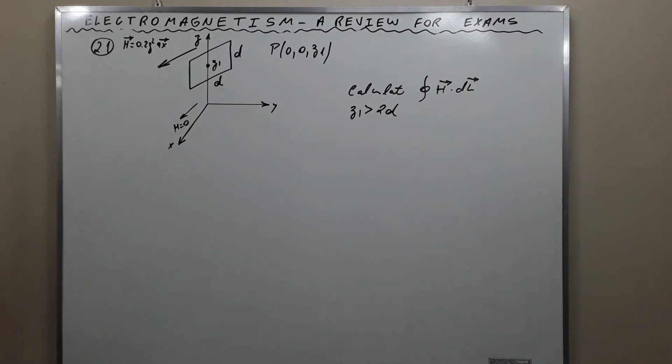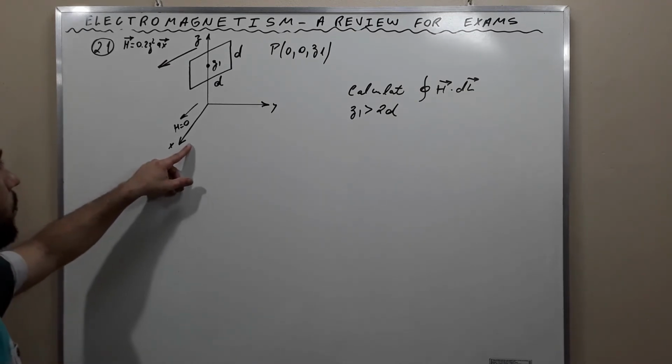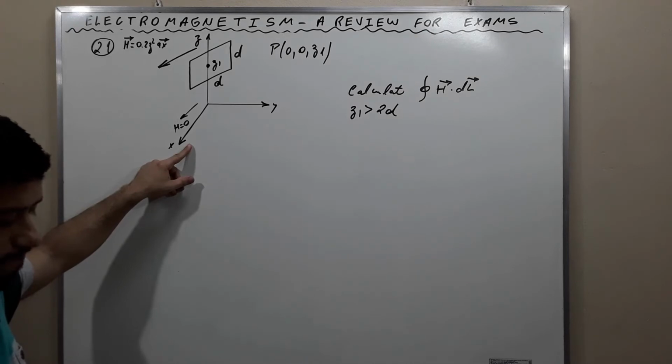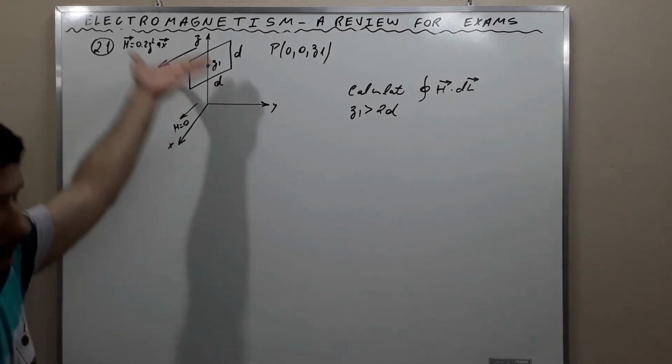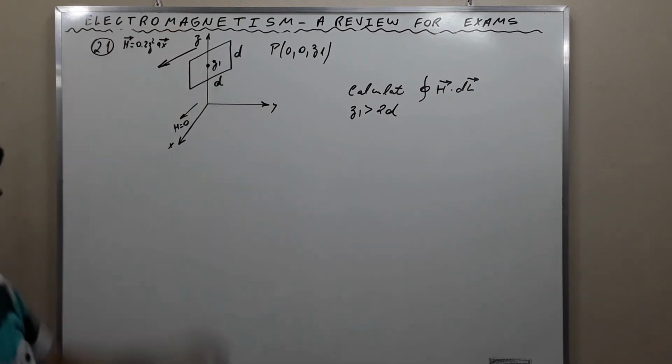Okay, these are the conditions that the exercise gave us. The field is 0 elsewhere, and due to this expression above z equal to 0.